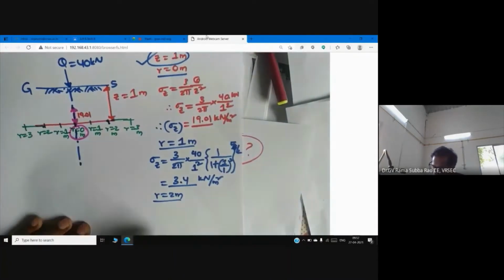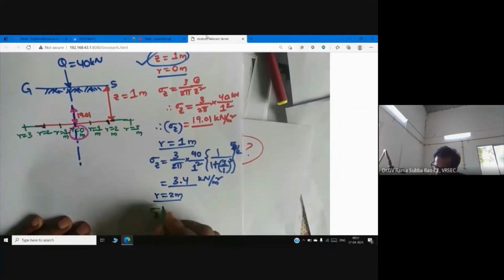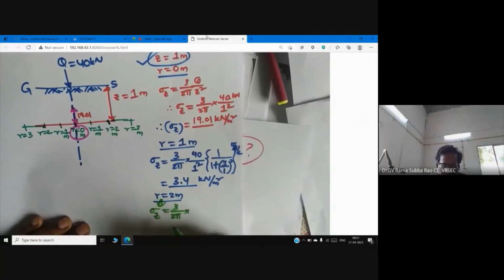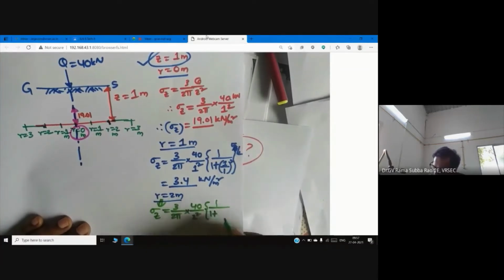Now sigma Z is how much when R is 2? 3 by 2 pi, 40 by 2 square, 1 by 1 plus R by Z, that is 2 by 1, square, whole power 5 by 2.